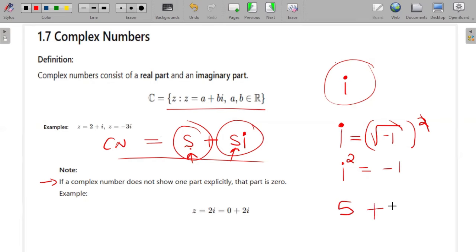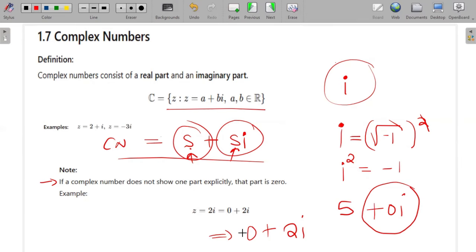So it's like 0i. So we just don't write this part here. Okay, and then again, if I just write the imaginary part, maybe I say 2i, it means that the real part is actually 0. So it's like this. Okay, and this one here makes the complex numbers to be the biggest set of all the numbers that we have.